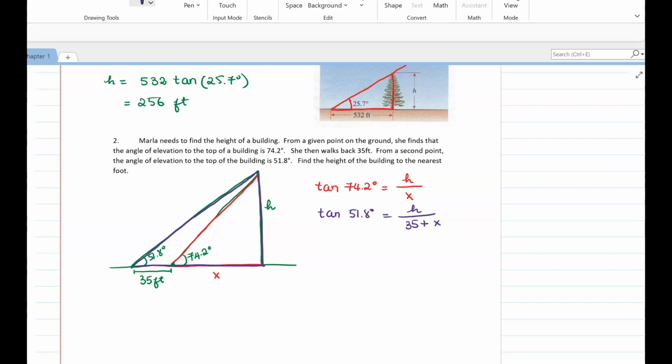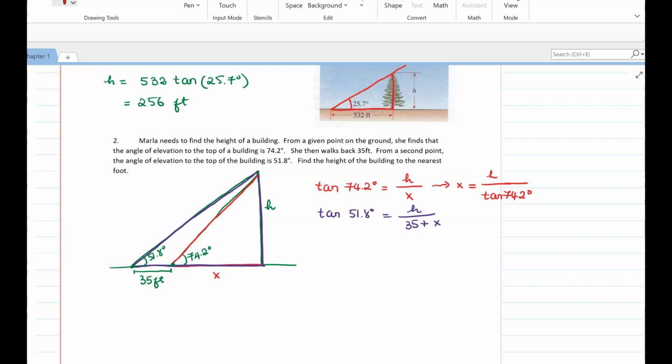What I can do is solve for x in the first equation and plug it into the second equation to get one equation with one unknown, that is h. So I'll go ahead and solve for x here. Then x equals h divided by tangent of 74.2 degrees.